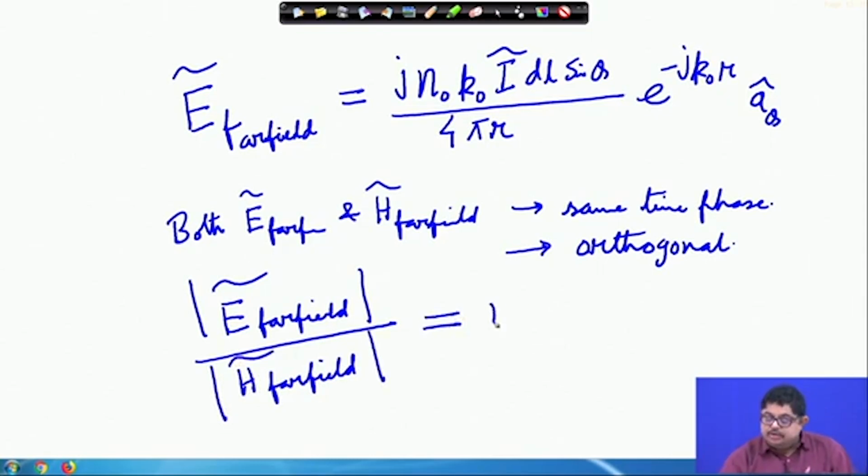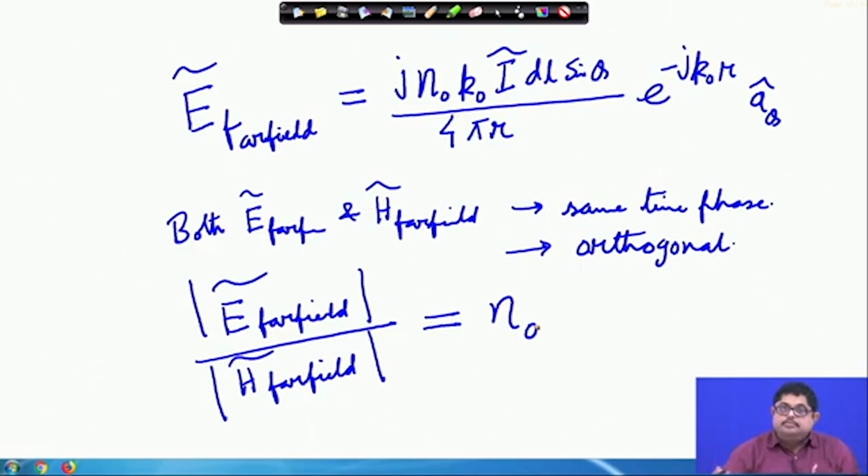That ratio you will see is eta naught, because E far field is E theta component magnitude you take, H far field is H phi component magnitude. If you do that, that is equal to the intrinsic impedance of free space.